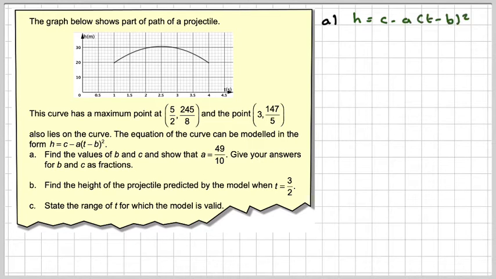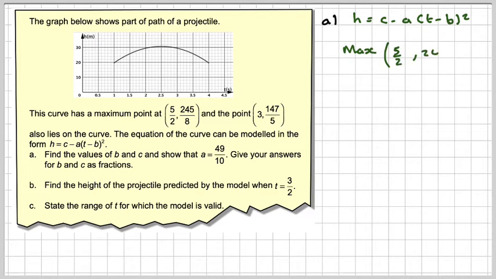Okay, so we've got h = c − a(t − b)². Now the maximum this function can ever be is c, when t is equal to b. So from here we can actually find the values of b and c.